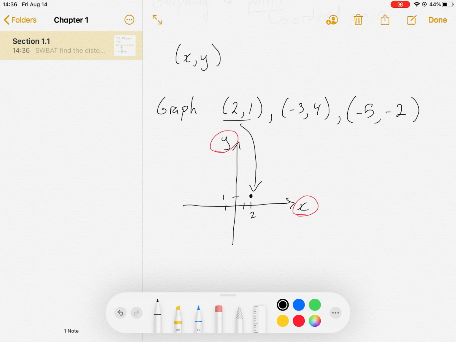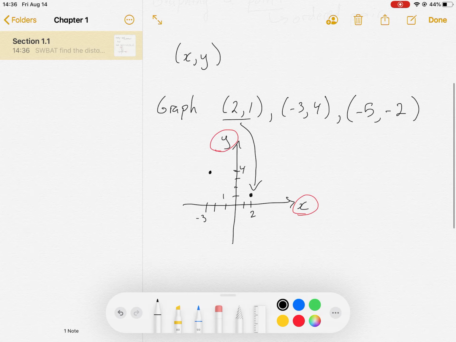-3, 4, we'll go -3 on the x up to 4 on the y. I don't necessarily expect for you to label each and every single mark on the axis, but you should have them indicated and they should be equally spaced.